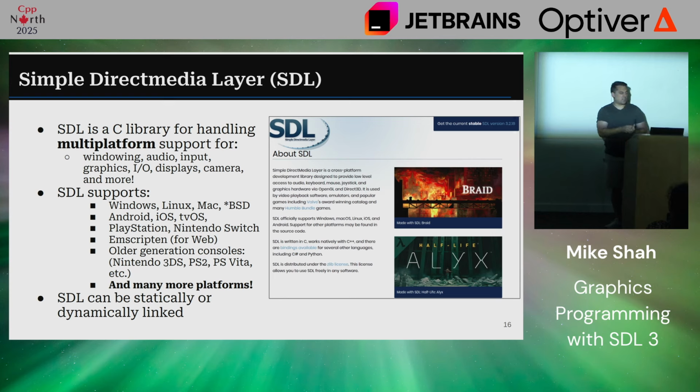There's other stuff too, like stylus and so on. SDL supports many platforms. I've listed a bunch here. The main desktop platforms, mobile platforms, consoles, web, and even stuff like PlayStation 2 and so on. You can find branches where people just have that set up, which is really awesome. And the library can be statically or dynamically linked, depending on your preference or how you want to deliver your software. So it's quite flexible here.